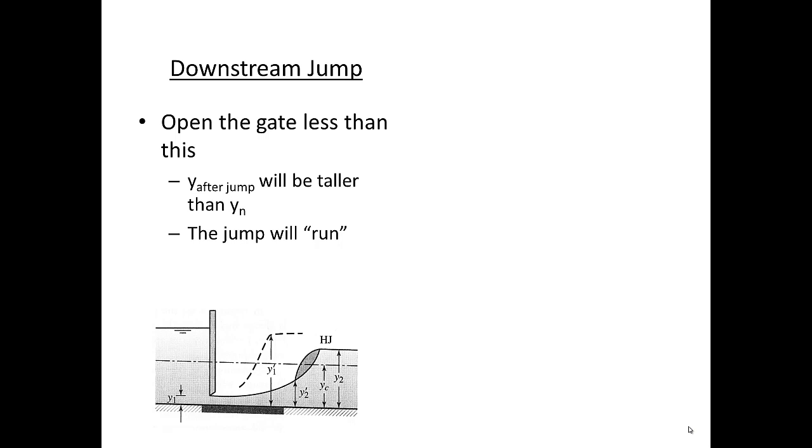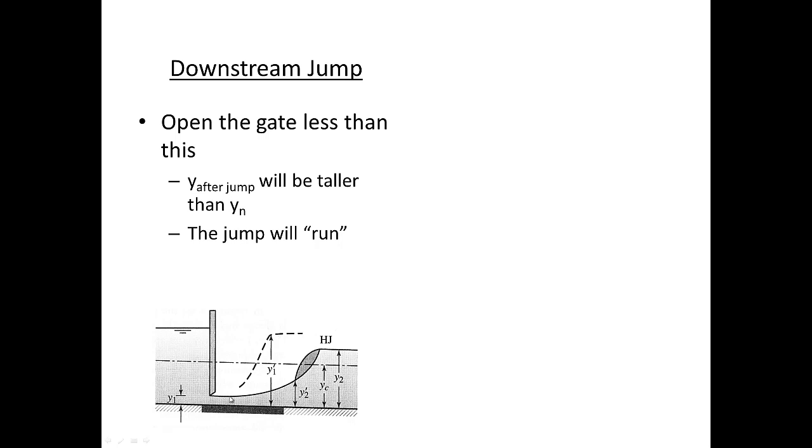In the case of a downstream jump, if the gate is closed more than the normal depth downstream would support the jump immediately, then that makes the water run away from the gate. You can see that we've got the gate closed relatively tightly here, which is going to lead the water to be very supercritical as it comes out of here. This is the location of the jump where it would naturally jump up to if it jumped immediately.